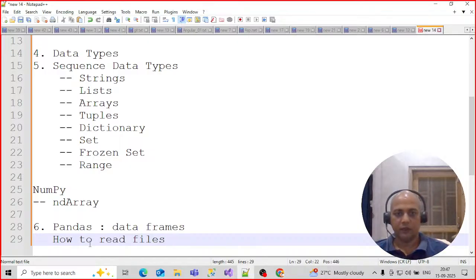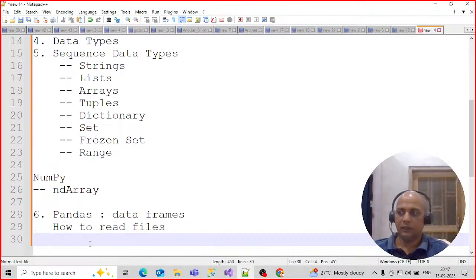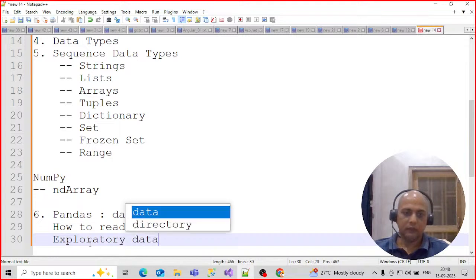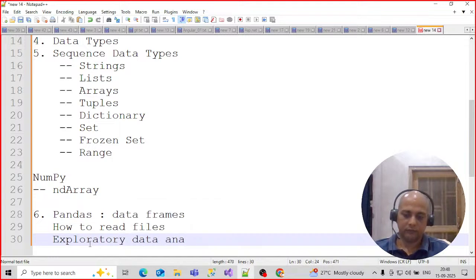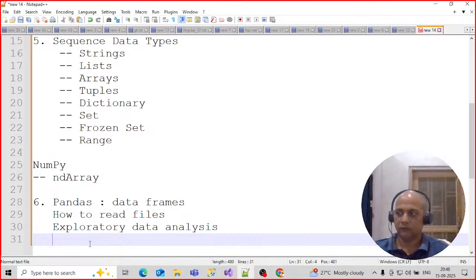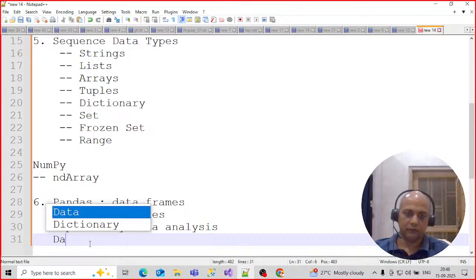So how do we read the data from different sources, and then we will do exploratory data analysis and data processing.